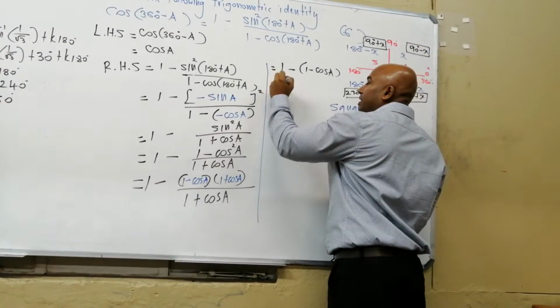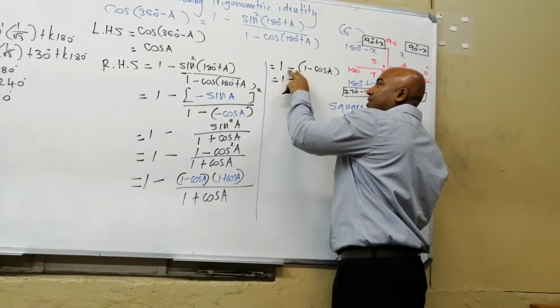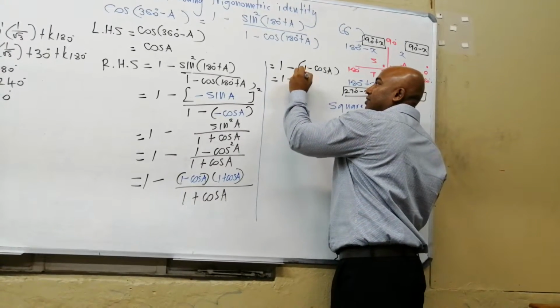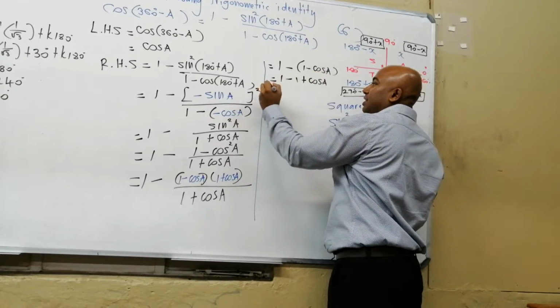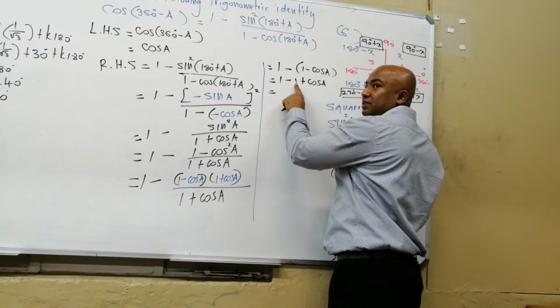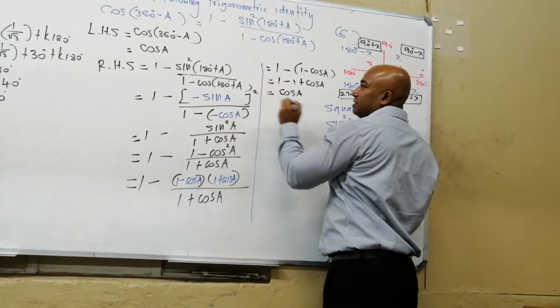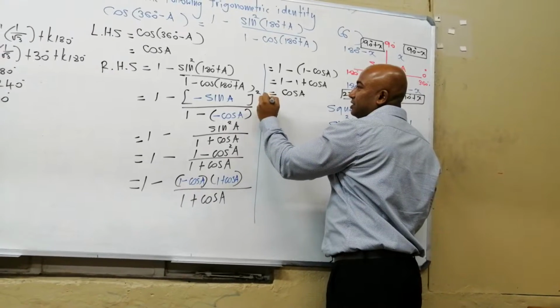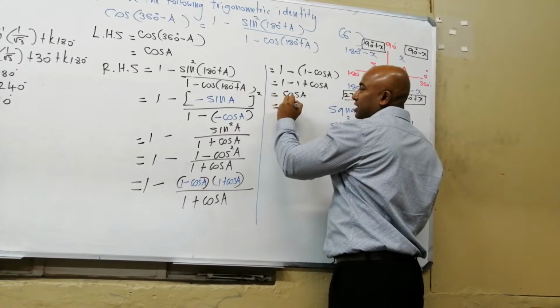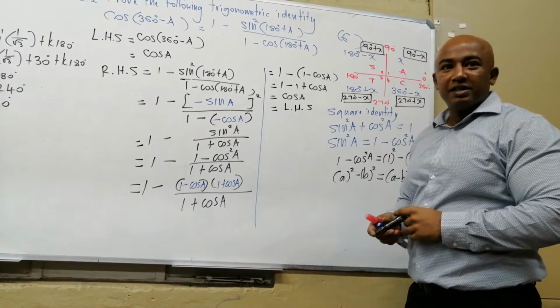So there will be a 1. Minus times 1 will be minus 1. Minus 1 times minus cos A will be positive cos A. What happens here? 1 and minus 1 cancel. So I end up with just cos A, which is equal to the left hand side. And that's your 6 marks there.